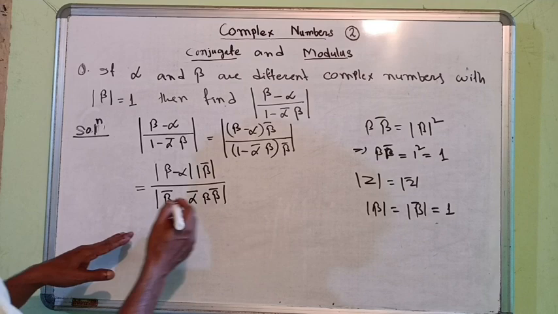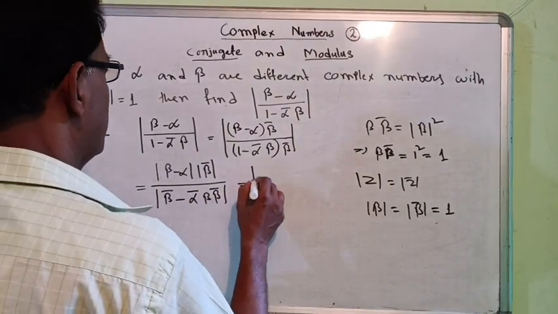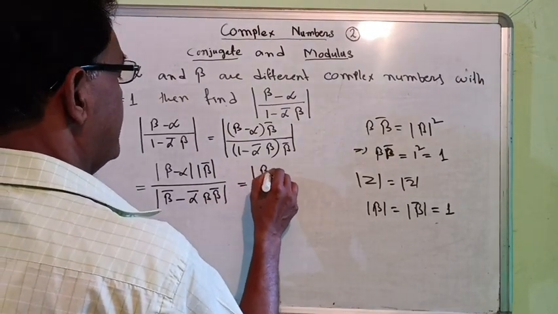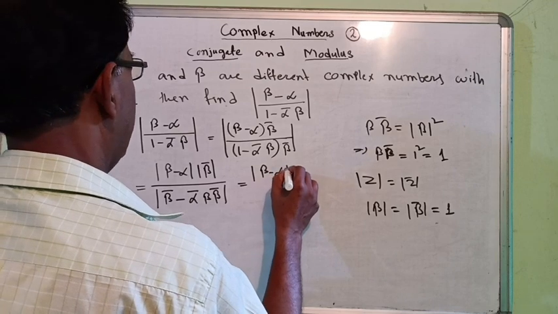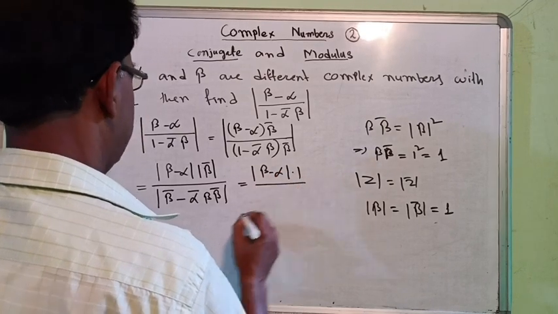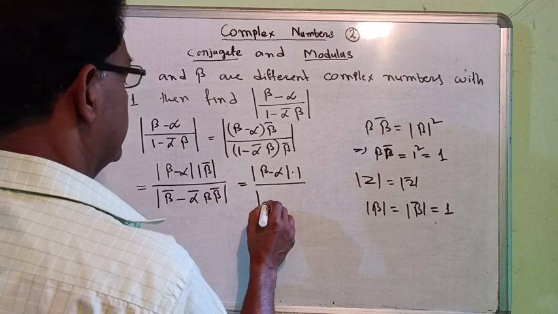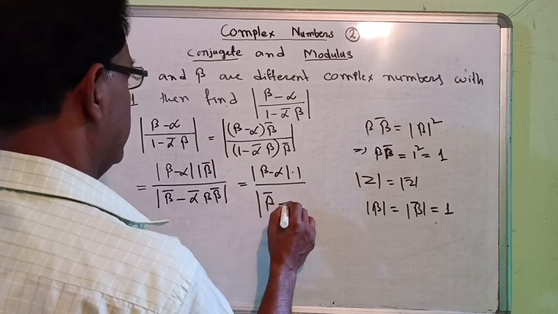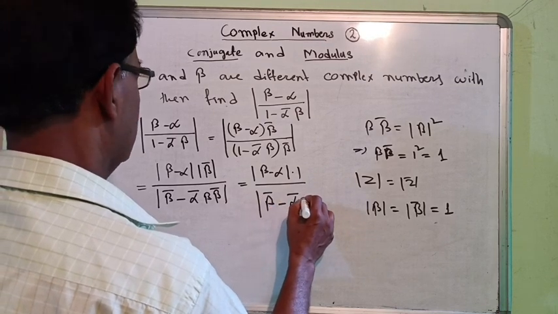Now put it in, then we get mod of beta minus alpha into 1 divided by beta bar minus alpha bar into 1.